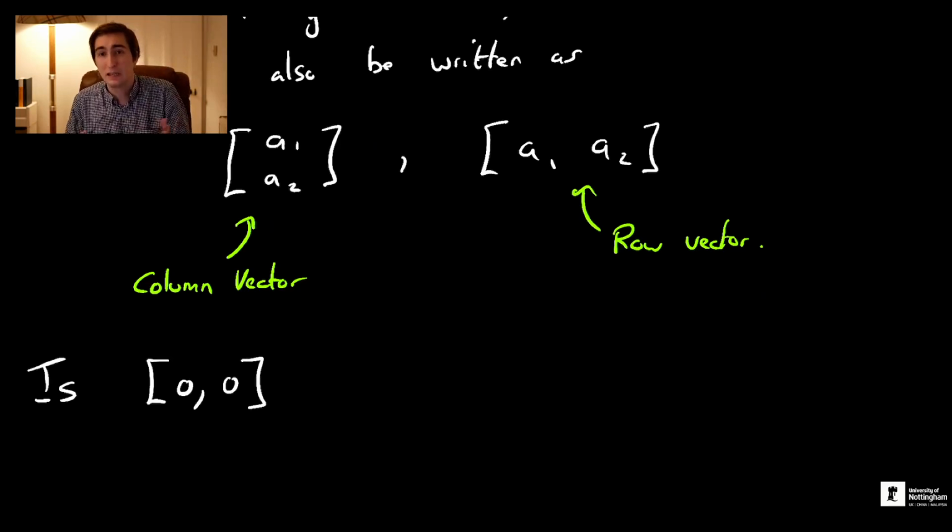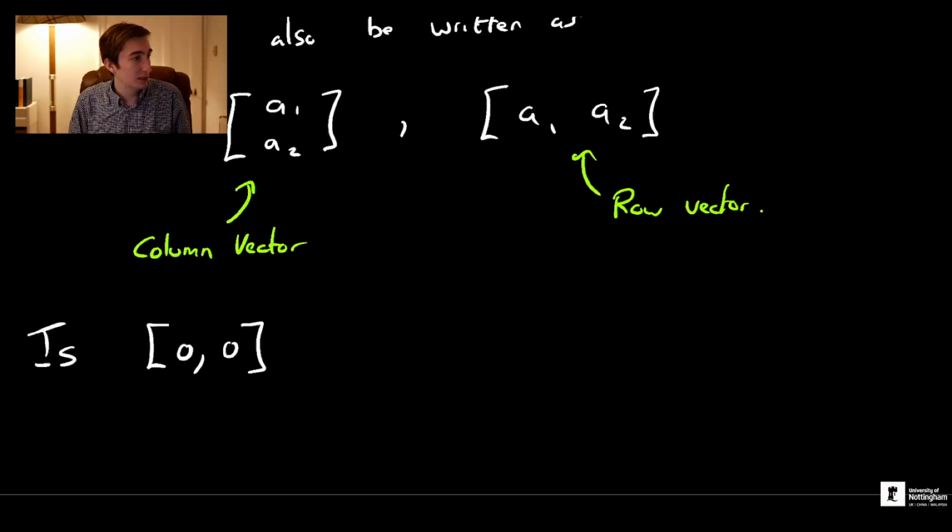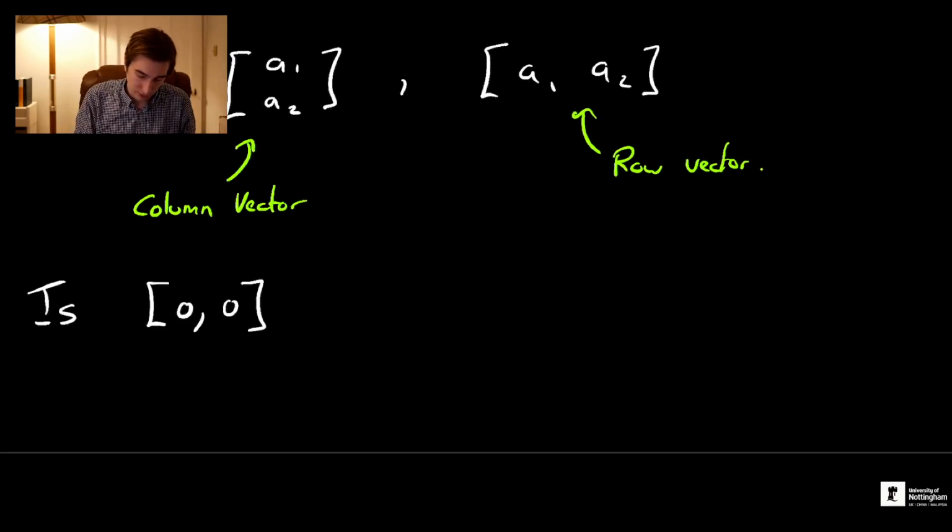If I take A and B to be the exact same point, then from my definition over here, I would just have B1 minus A1, but because they're the same, that would be 0. And B2 minus A2, because they're the same, that would also be 0. So it seems pretty reasonable that I can write down this 0, 0 as a vector, right? Because we've seen so far that from directed line segments, we can write down the component or the coordinate corresponding values of the vector.